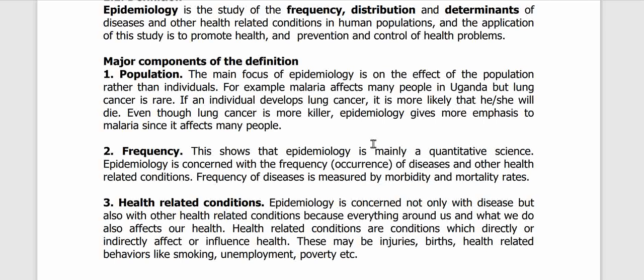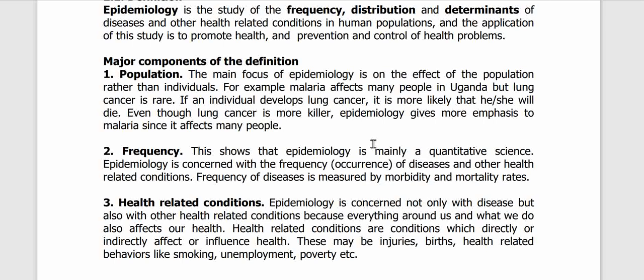So let's talk about frequency. Frequency shows that epidemiology is mainly a quantitative science. What does it mean? It depends on the numbers: the occurrence of a disease and the health conditions.